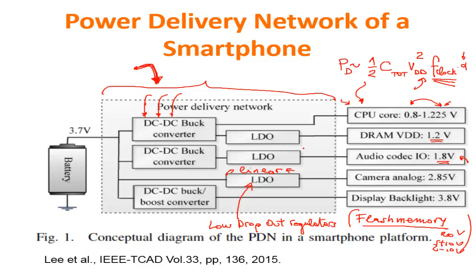One thing to stress here is why for some applications you really need a DC-DC buck converter, and for other applications you need an LDO. Let me recall the main differences between the two.